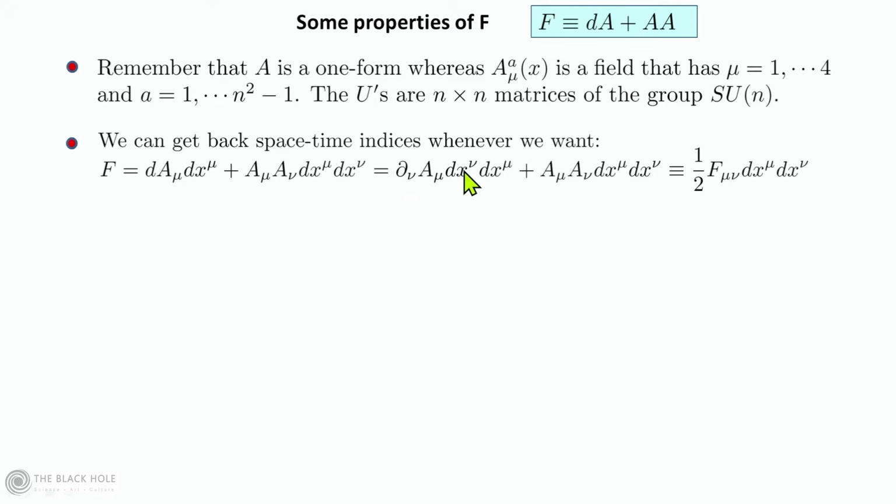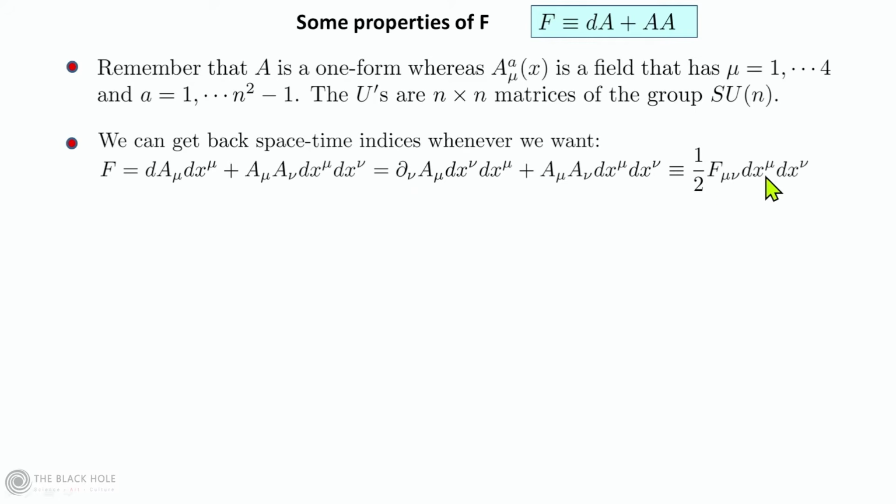Remember that the rule by which you make d operate on anything, in this case a zero form, well, it increases it, it makes the one form into a two form. So you have this two form here, and this I've just written as it is. And now this is antisymmetric.